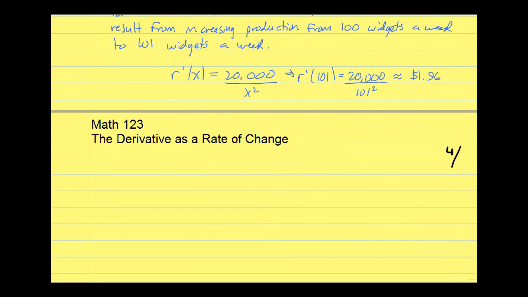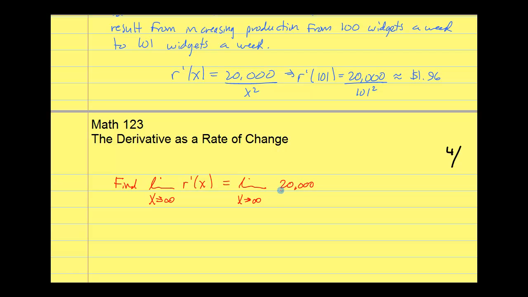Now, since we brought up the idea of a limit, let's look at one more question here. Let's find the limit as x approaches infinity, as in I'm approaching an infinite number of widgets produced, of the marginal revenue function. So this is the limit as x approaches infinity of 20,000 over x squared.